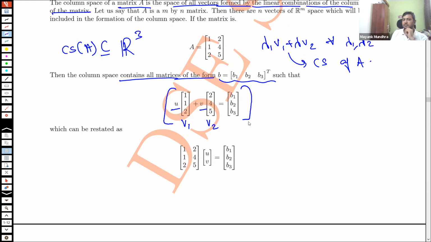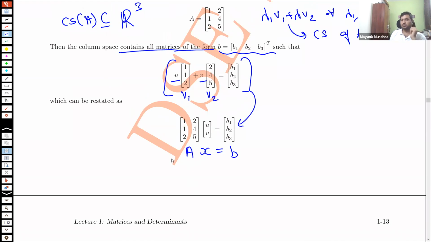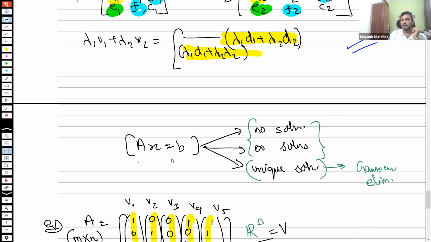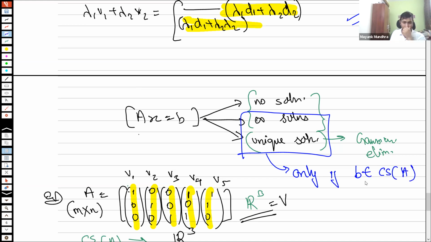All right, now this can be restated as my matrix A times X becomes equal to B, which brings me back to this particular thing: AX equals B will have a solution, either infinite or unique, only if B belongs to the column space of A. So when does it have at least some solution?